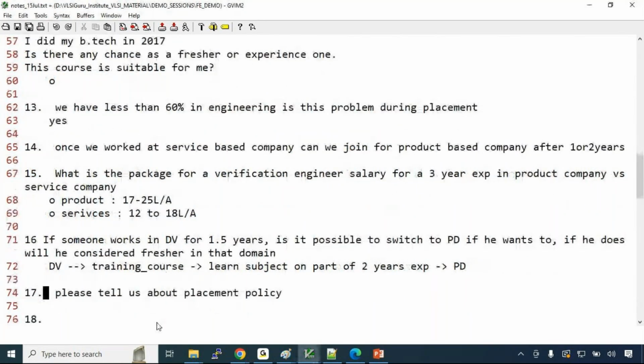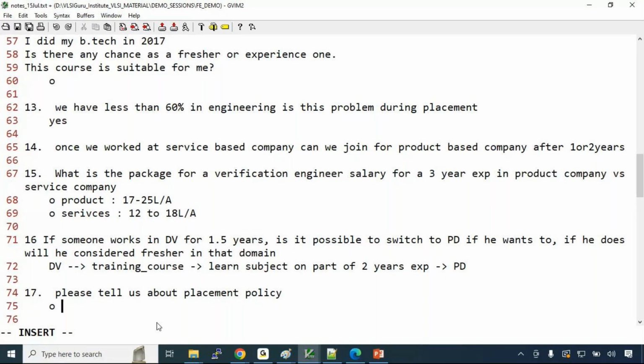Placement policy, how it works is the institute doesn't give any 100% commitment on the job. It gives a commitment that till you get a job, we support you. I will not tell you you will get a job in July month, August month. Let's say your training completes in January of 2024.